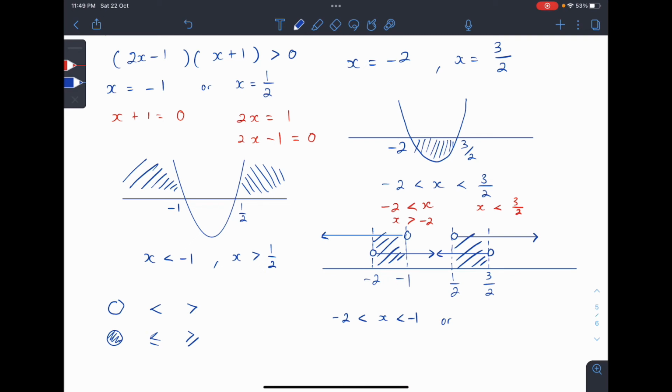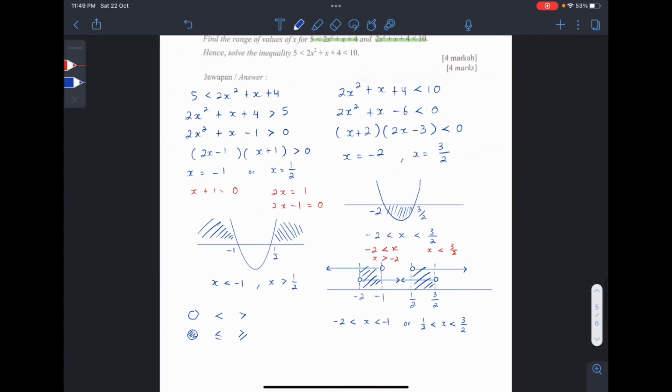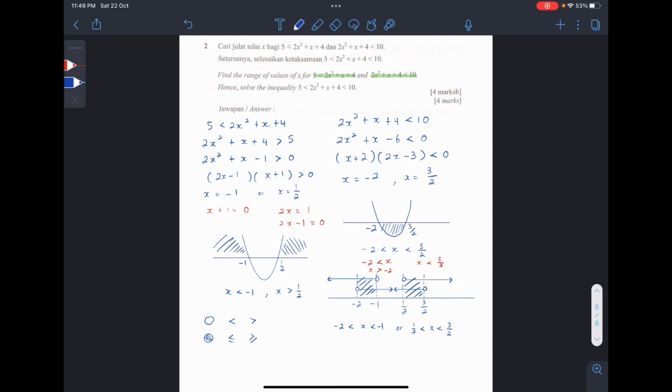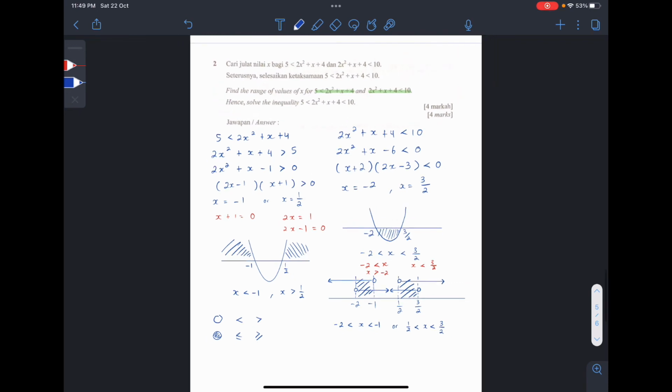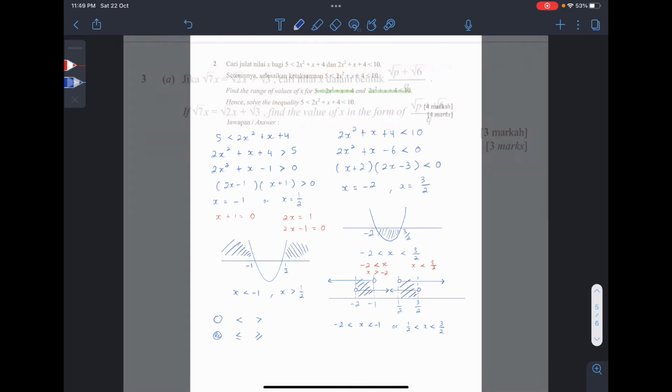Well, first thing first, it's going to be 1/2 less than x less than 3/2. And that's how you do it. You have already solved the inequality. You have both ranges over there, and you got your 4 marks, right? So let's move on to question number 3.